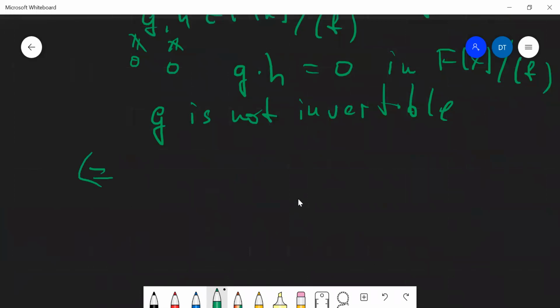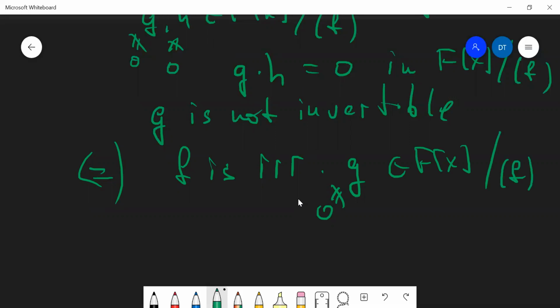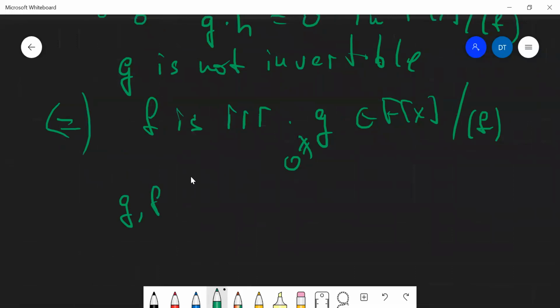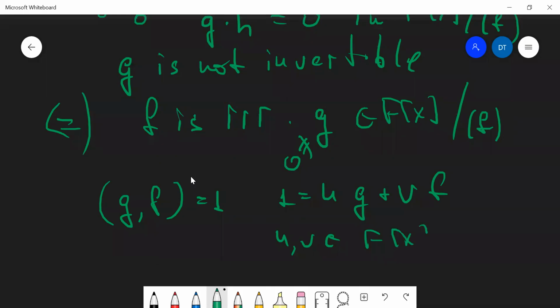And in the other direction, suppose that f is irreducible and g is a non-zero element of this ring. Then g and f must be coprime, and as we know, the greatest common divisor must be a linear combination of f and g, where u and v are some polynomials.